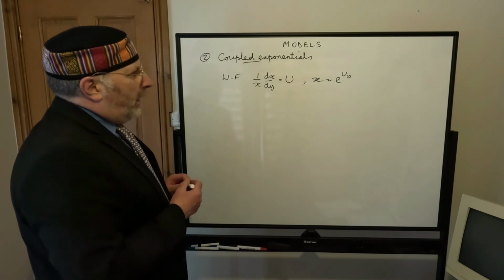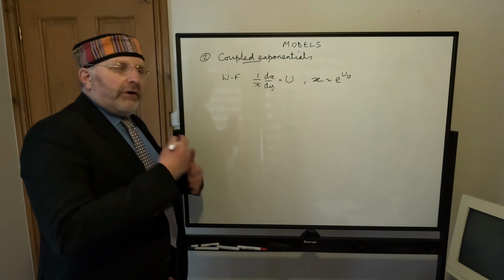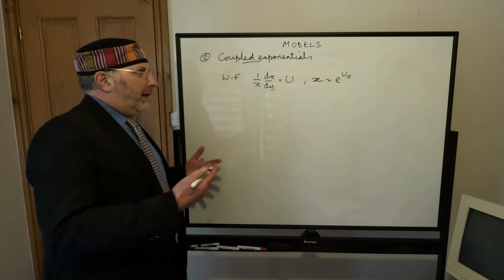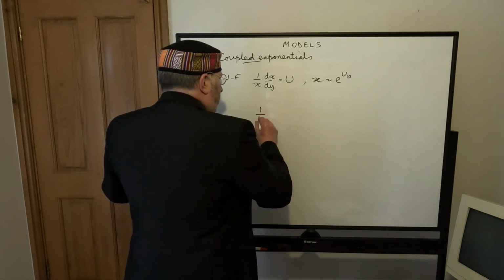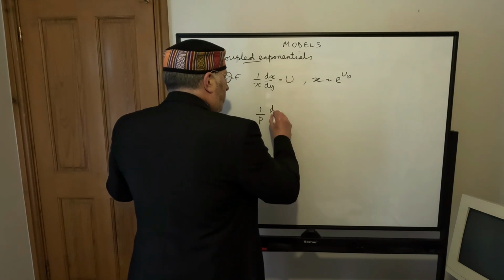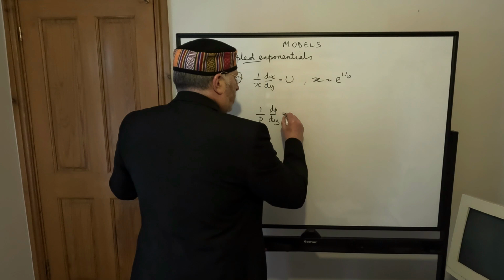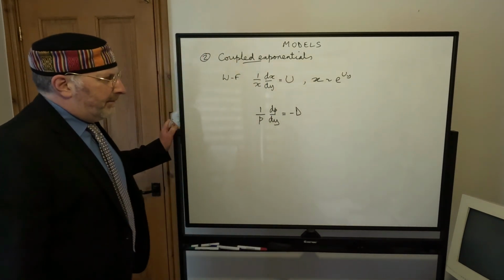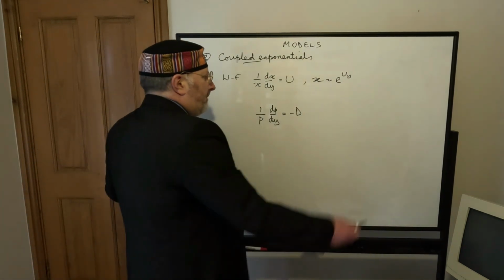Okay, now suppose that the probability of a certain number of grievances being at stake in a war also obeys an exponential principle. So we'll have 1 over p times dp by dy equals, in this case, I'll write minus d, because d is going to be a diversification metric.